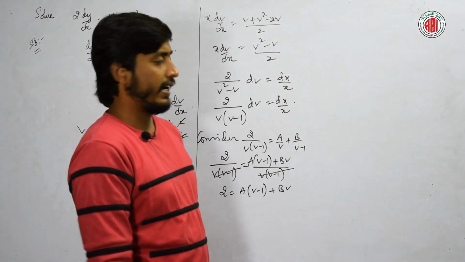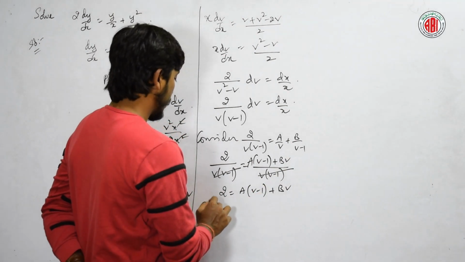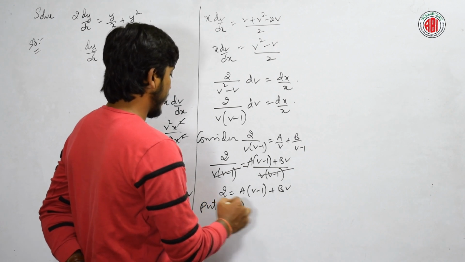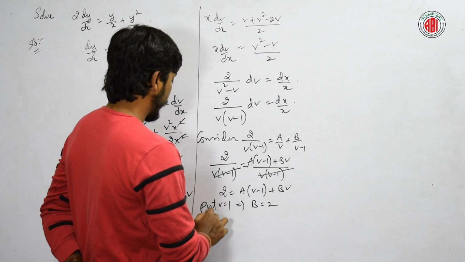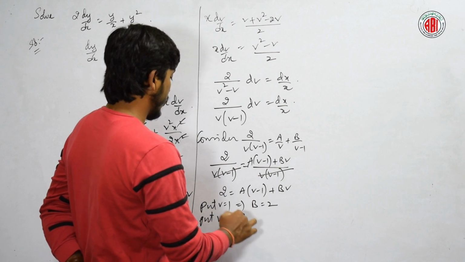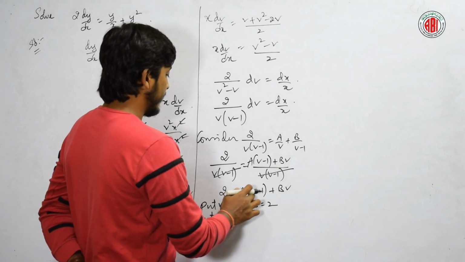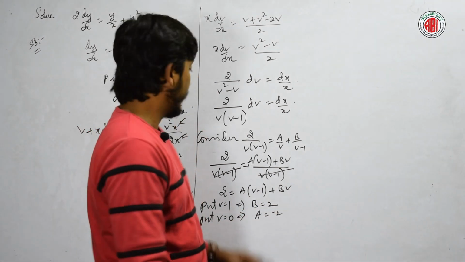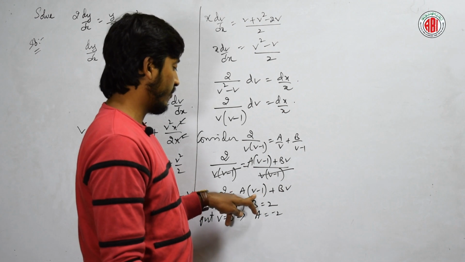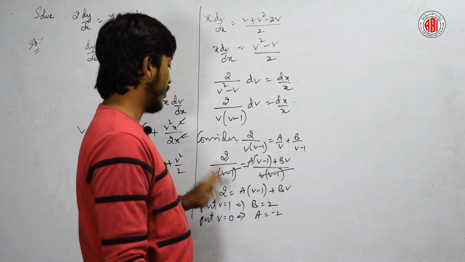Now find it. If I put v equal to 1, I will get b is equal to 2. If I put v equal to 0, I will get a is equal to minus 2. If I put v equal to 1, this term will go. I will get b into 1 is equal to 2.